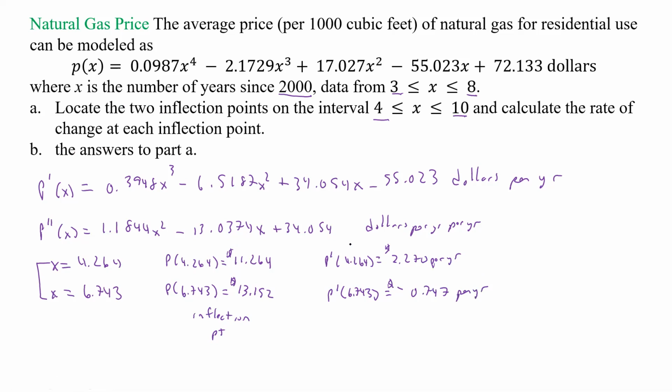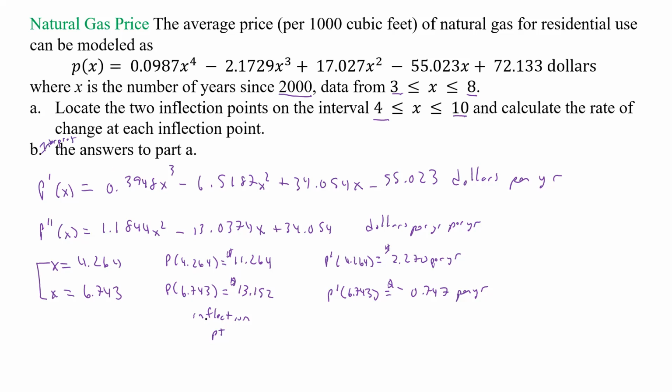And so that is the answers to part A. That's probably supposed to say interpret, I bet. Let me check the book. Natural gas price. Yeah, that's supposed to say interpret.